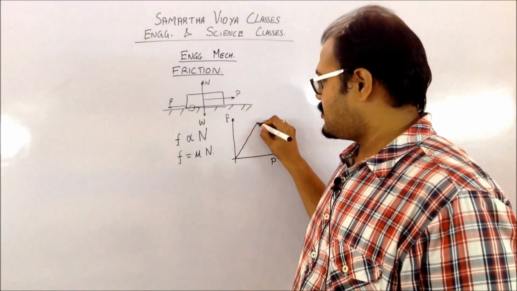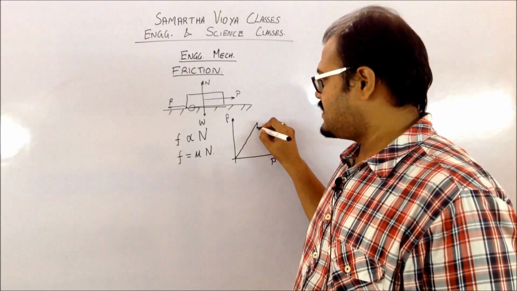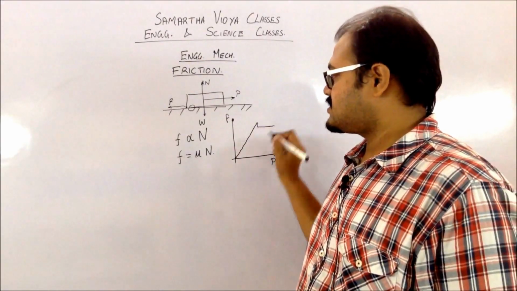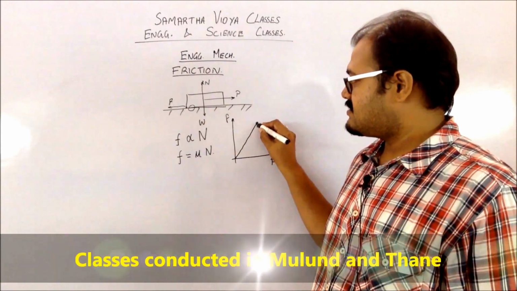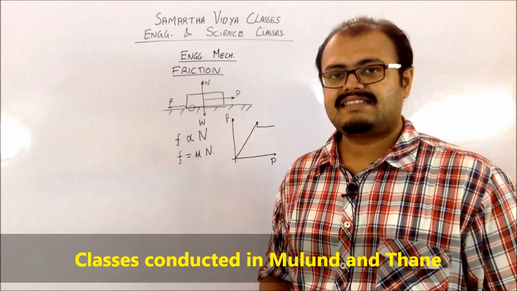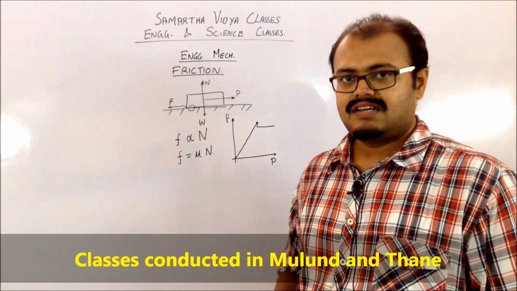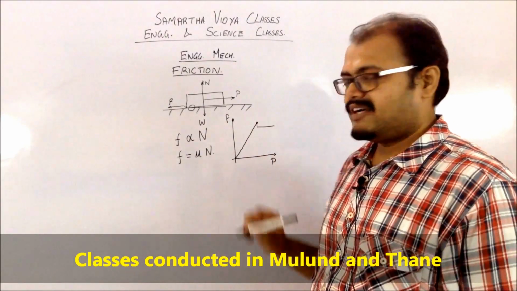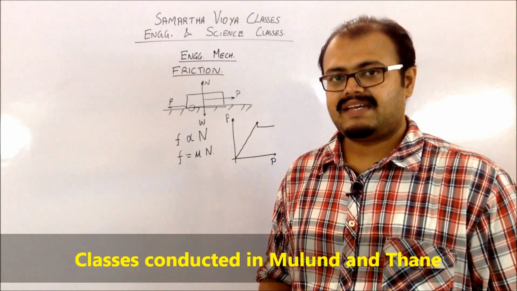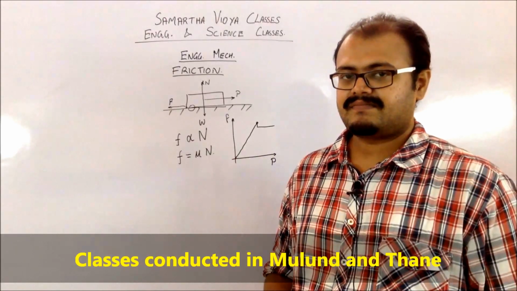After a certain point, it stops increasing and remains constant. This particular point at which it stops increasing is called the limiting frictional force. This point is going to be used for our analysis of equilibrium in many of the sums which we are going to see.